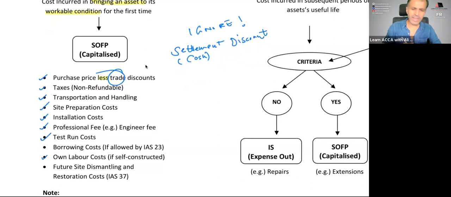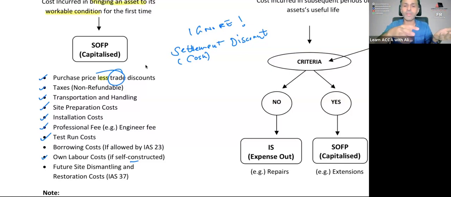Own labor cost: I have already told you that if your own labor is involved in installing or constructing the plant, then own labor cost will be capitalized. Because this time your labor is not doing the labor hours in producing the products. This time the labor is conducting the labor hours on constructing the plant itself, so it will become a part of the cost of the plant.